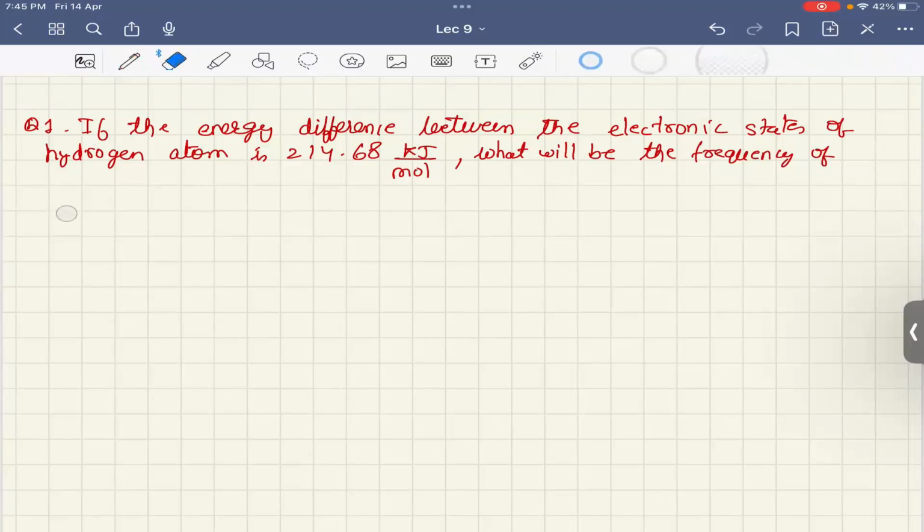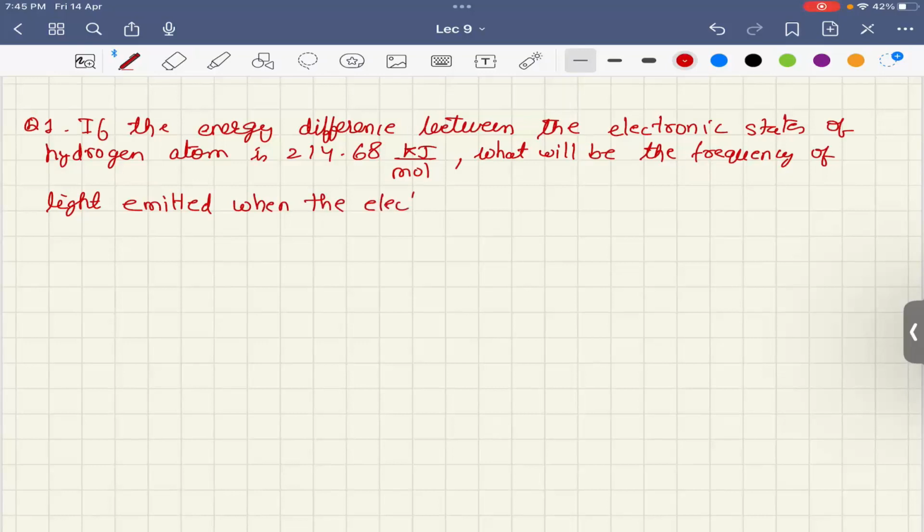What will be the frequency of light emitted when the electron drops from the higher to the lower energy state?